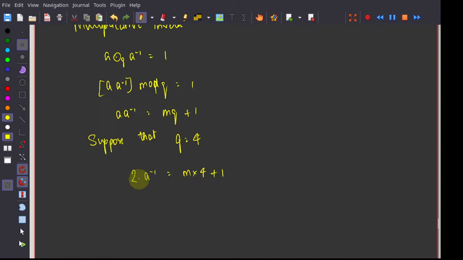But the left hand side, no matter what I take, is always an even number, whereas the right hand side is always an odd number. So this can never be satisfied. So what can you say about Z4? Correct. Z4 is not a field.